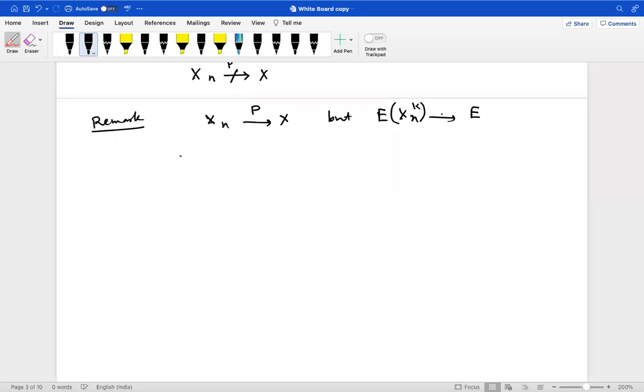So convergence in probability does not imply that it converges in kth moment. There is no moment convergence for any integer k.